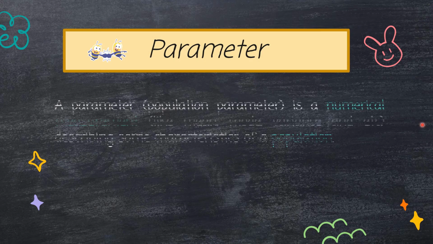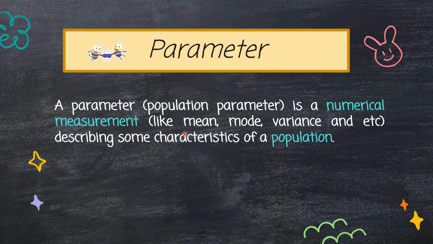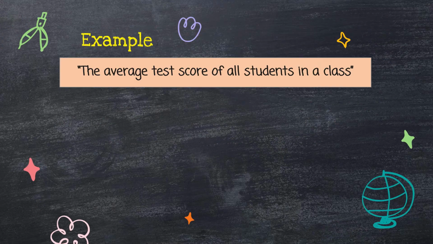Parameter. A parameter, or sometimes we call it a population parameter, is a numerical measurement like mean, mode, variance, and so on, describing some characteristics of a population. Let's study this statement: the average test score of all students in a class.